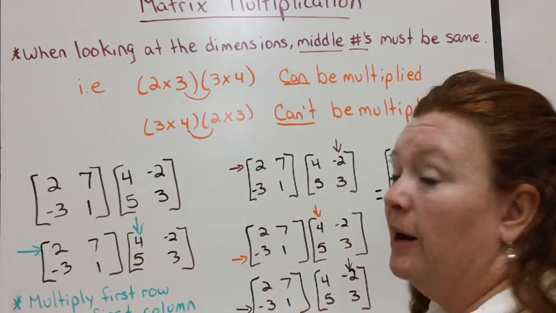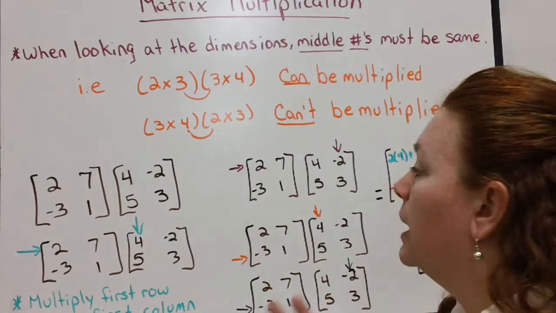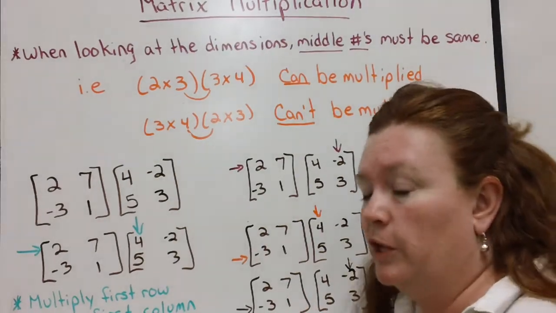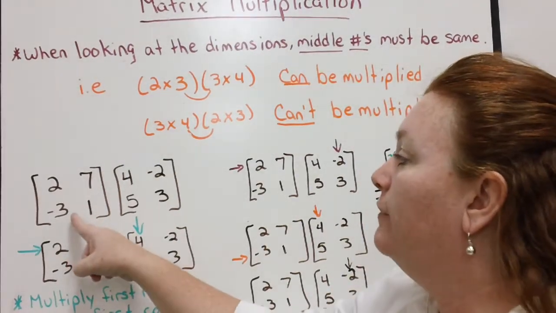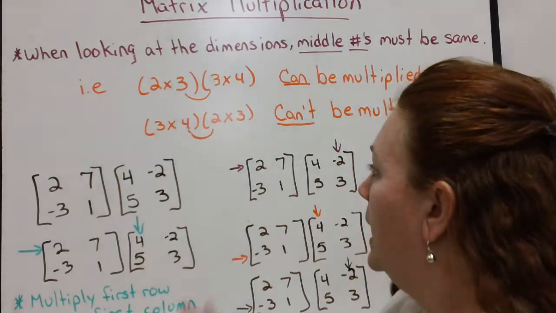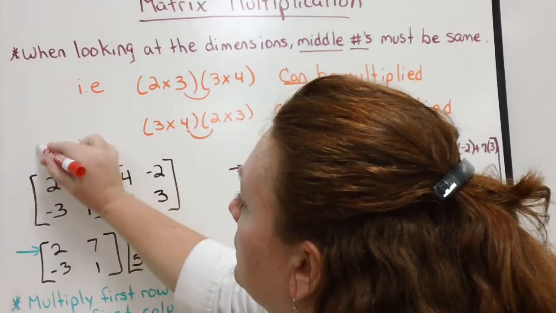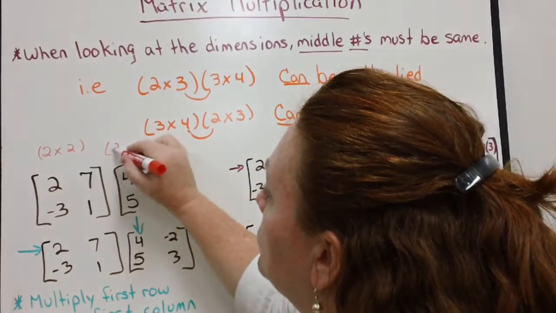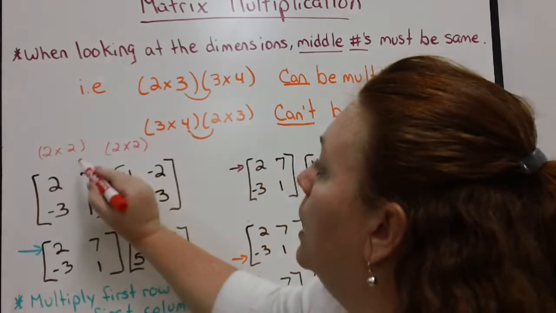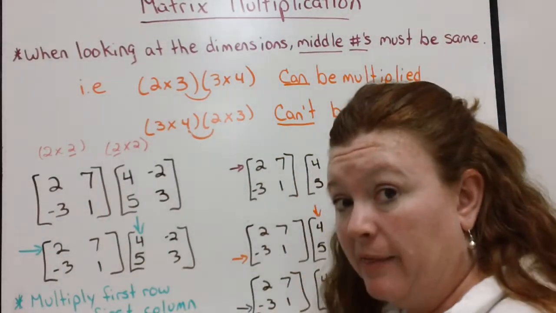All right, now, I'm showing a lot of steps that we don't normally show, but I wanted to show every little bit for you for the video. So, if I take these two matrices, they're both a 2 by 2, and so let's write that out. A 2 by 2 multiplied by a 2 by 2. Oh look, the middle numbers are the same. I can multiply them.